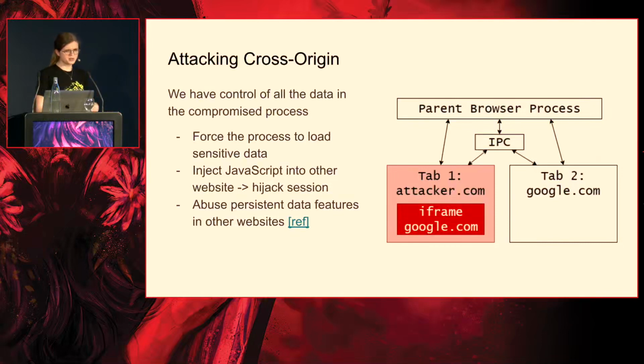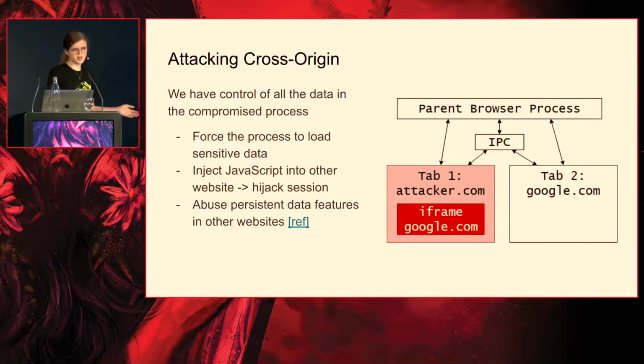But if you were to load a site into an iframe, the process needs to actually be able to access that iframe to do things like sending messages. And in a lot of cases, it needs to figure things out, like, if you click somewhere on the screen, it has to get into that iframe and process everything that's happening. And so, historically, the easiest way to do that was to just put that data in the same process, so you don't have to worry about going between processes every time.